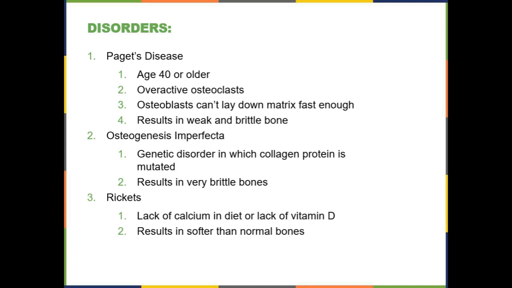Depending on the severity of your case, you may not produce collagen at all, or you may produce too little collagen, or the collagen you're producing is mutated, so it doesn't function properly. The result is that when you have bone that doesn't have proper collagen, you don't have that flexibility in the bone, and so bone becomes very, very hard but inflexible. And what that leads to is very brittle bones.